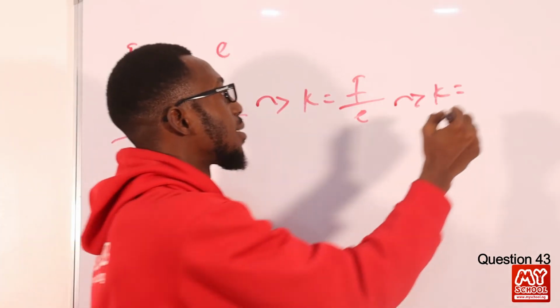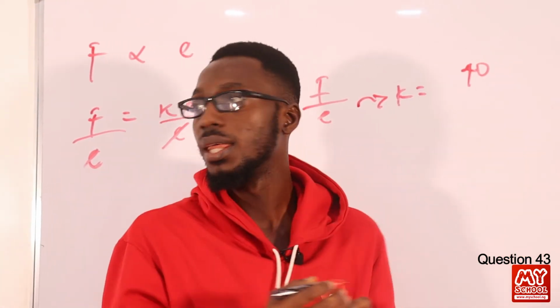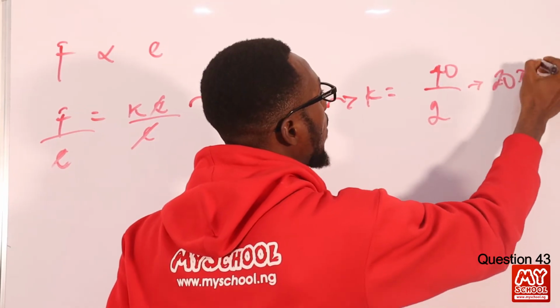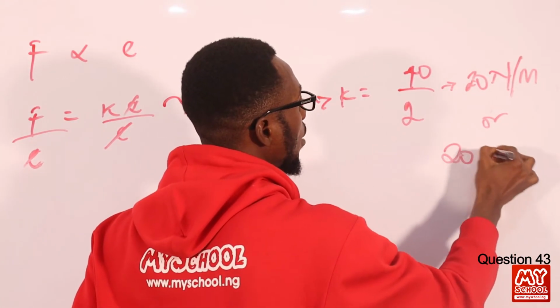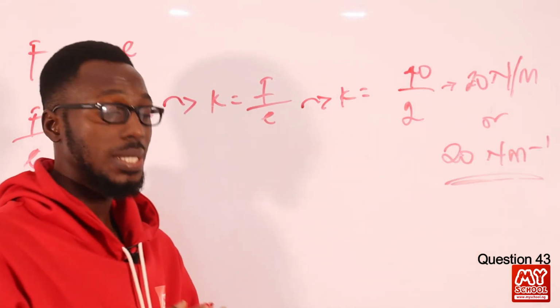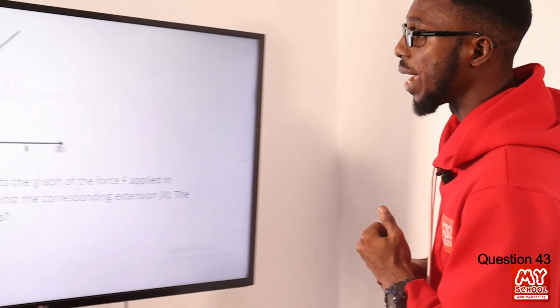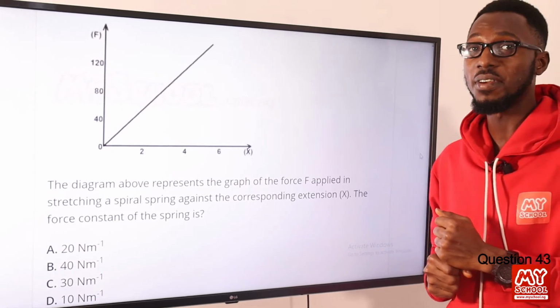So let me just say I use 40 against 2, that is 20. Remember the unit, Newton per meter, or you can write it as Newton meter raised to power minus 1. So we are looking for 20. Let's go back to the screen. Very well, we have that. Option A is correct.